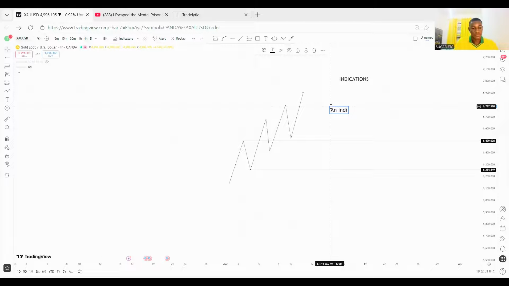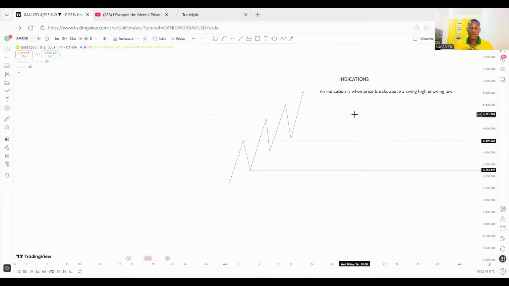An indication is when price breaks above a swing high or swing low, right? An indication is when price breaks above a swing high or swing low. Write this down because you guys might need it. An indication is when price breaks above a swing high or a swing low.